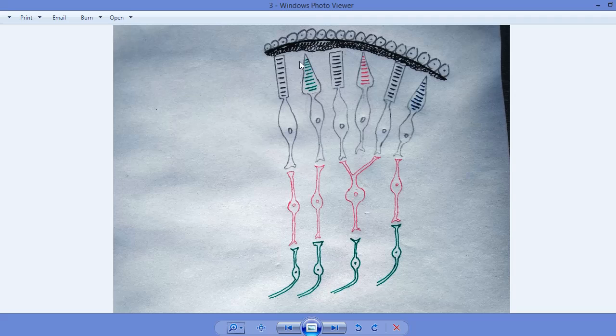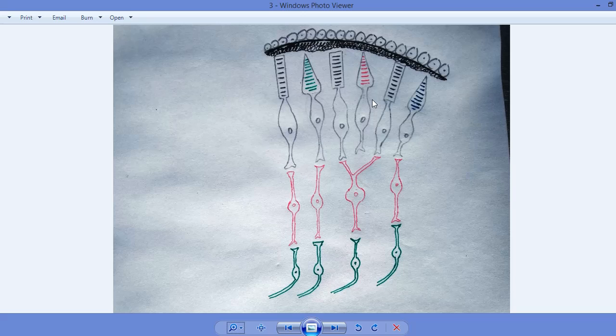So if there is an absence of green cones inside the retina, it means that the individual has green color blindness. And if the individual has red cones absent, that individual has red color blindness.